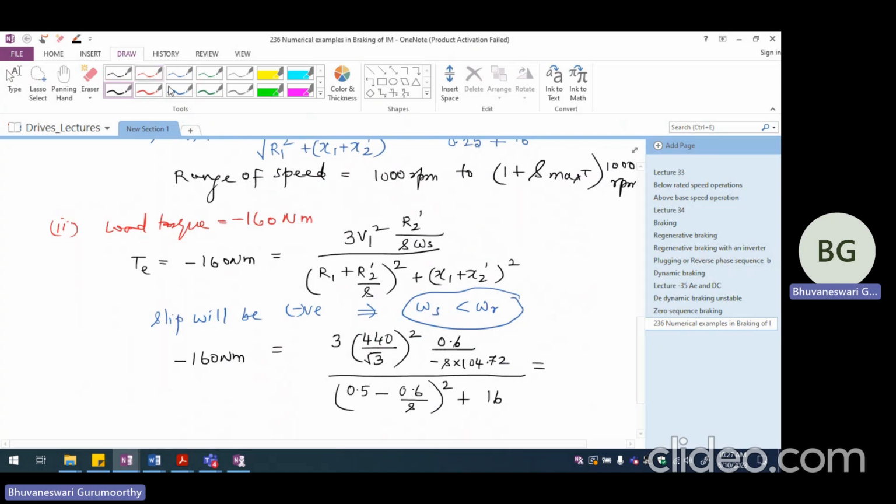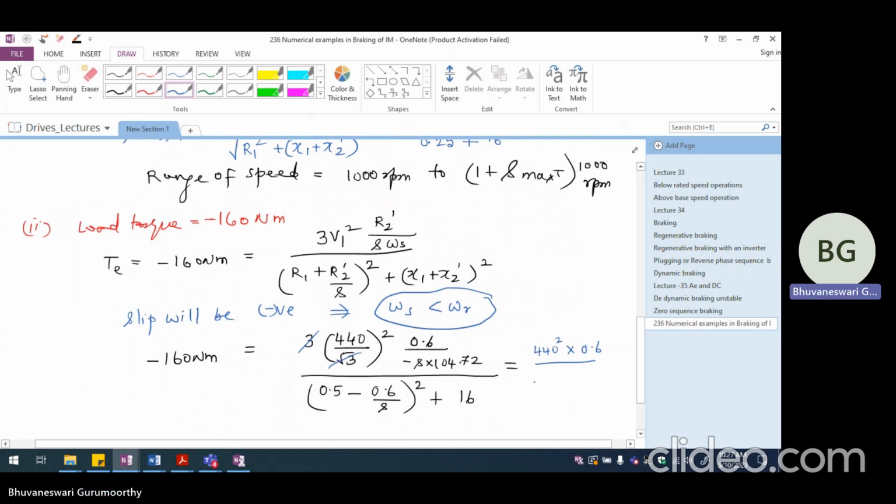So here we should be able to cancel this root 3 square and 3. So we can write this as 440 square multiplied by 0.6 divided by 104.72 times S. The whole thing should have a minus sign here.